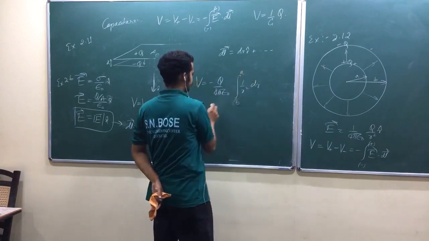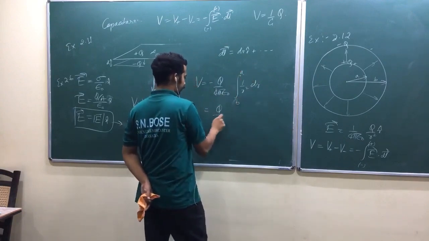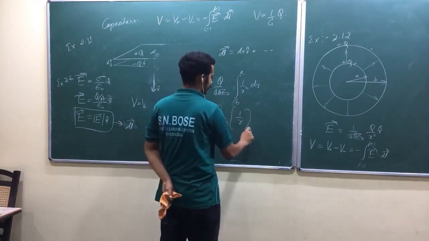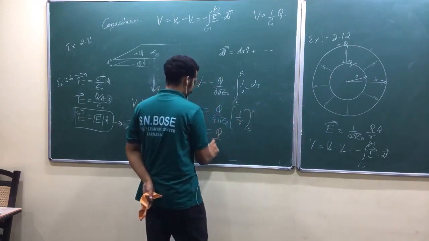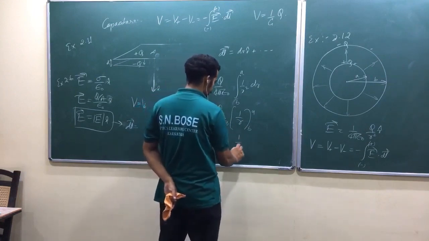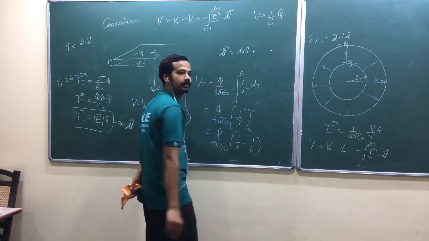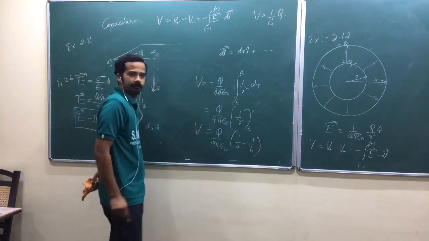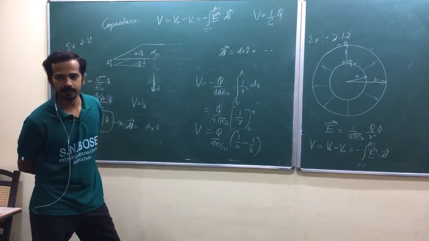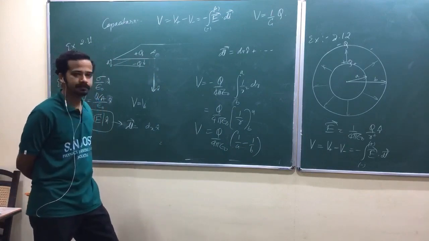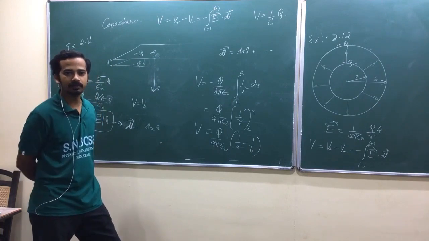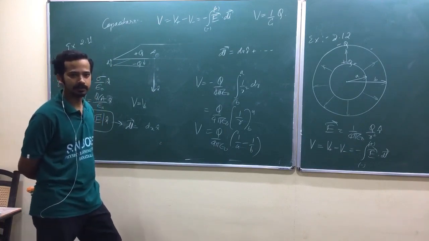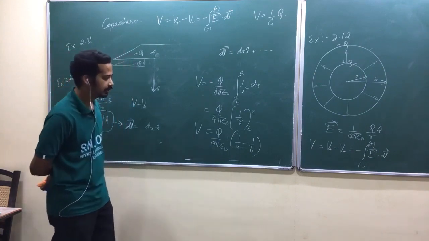Positive plate, A. So Q by 4 pi epsilon naught minus 1 by R, minus I have taken outside, B to A, Q by 4 pi epsilon naught, 1 by A minus 1 by B. B is higher than A, so that is a positive quantity. You better not think of that cos 180 degree. Our integral will take care.